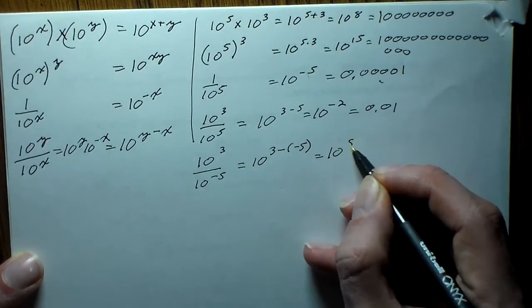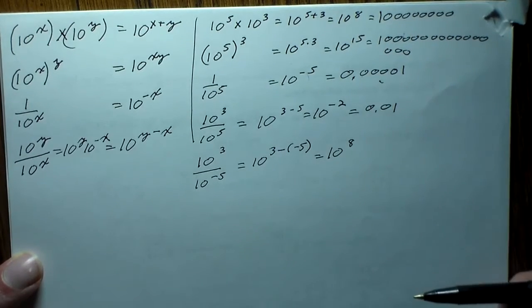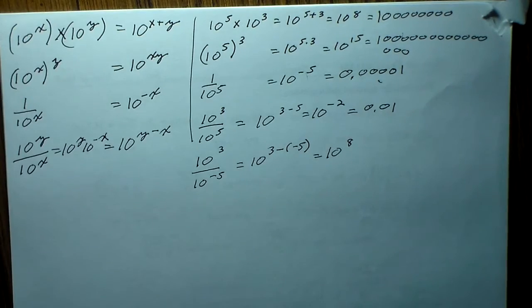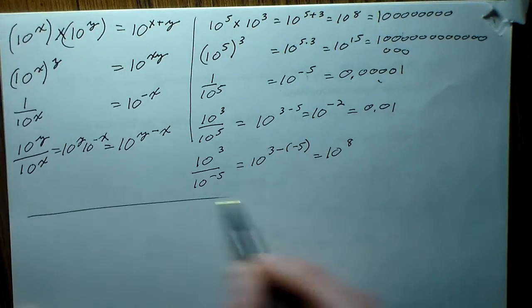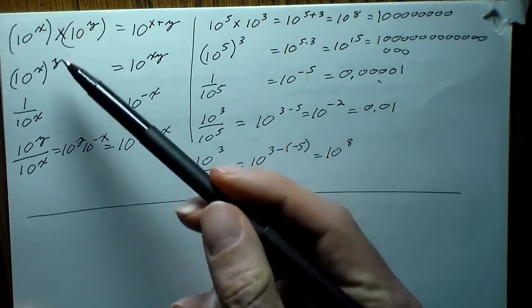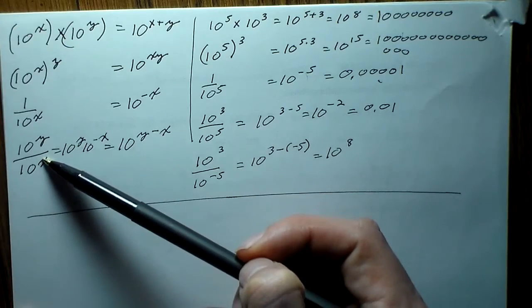So that's just going to be 10 to the 8th again, okay, which is the same as what we just had up there. All right. So that's the basic math that we're going to be dealing with for the exponential notation, and just make sure you know how to do this, because we will be seeing this quite often.